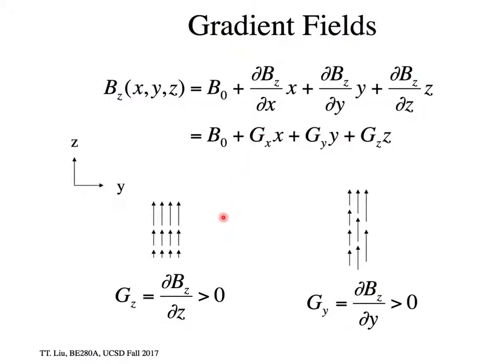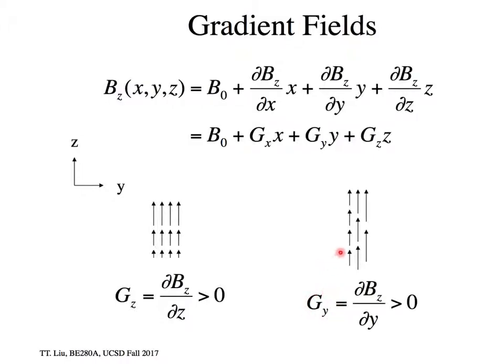So what does a Z field look like? A gradient in Z versus a gradient in Y. If Z is this direction and Y is this direction, GZ looks something like this, in the sense that as we move in the Z direction, the B field is changing.